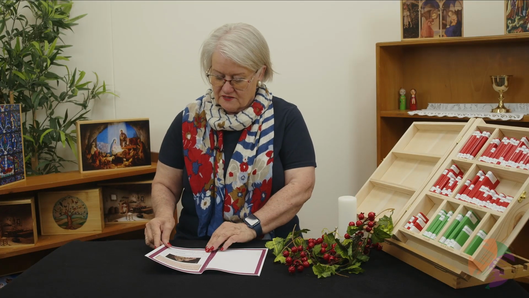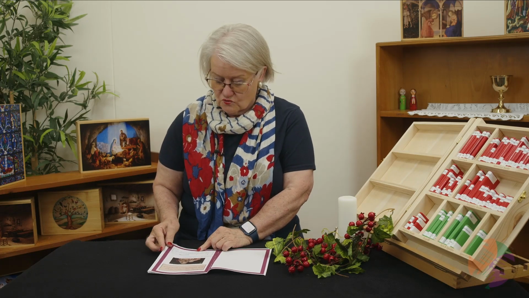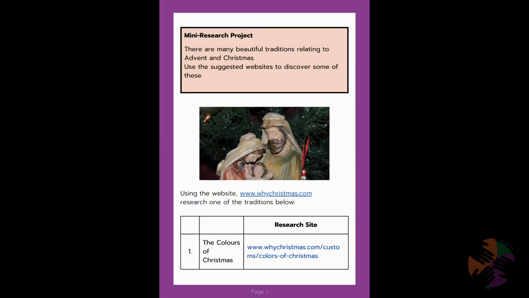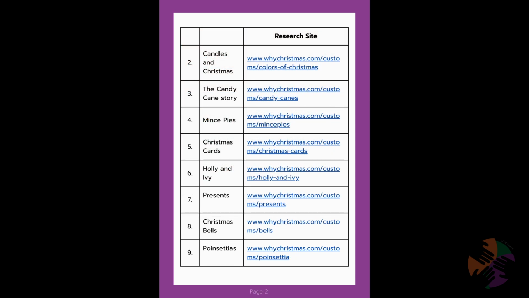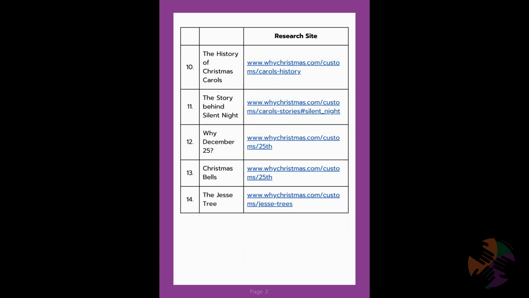The colours of Christmas, and there's the website connection to Colours of Christmas on that website. Candles and Christmas, the candy cane story, mince pies, Christmas cards, holly and the ivy, the concept of presents, Christmas bells, poinsettias, the history of Christmas carols, the story behind Silent Night, why the date December the 25th, and the Jesse tree.